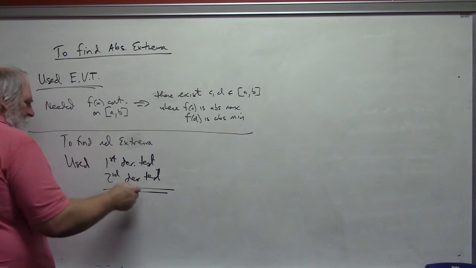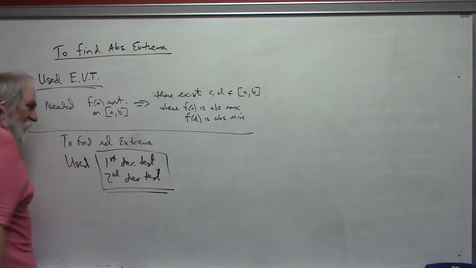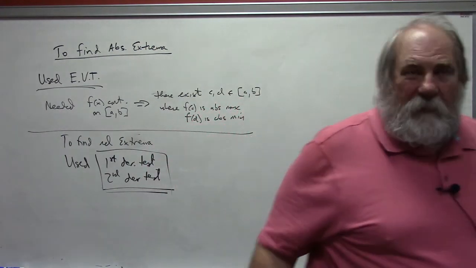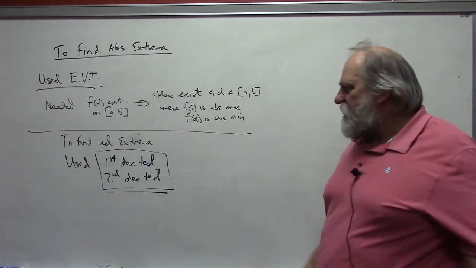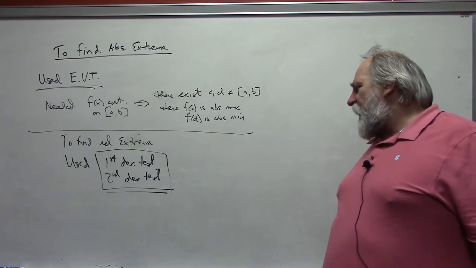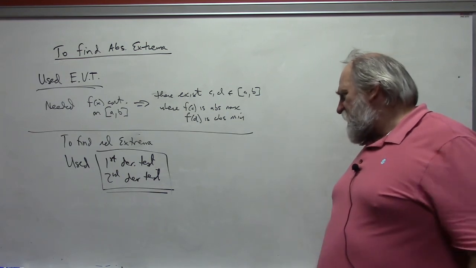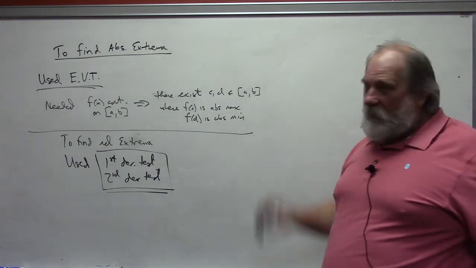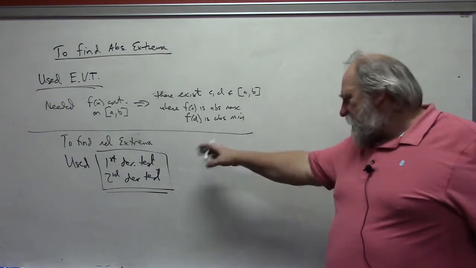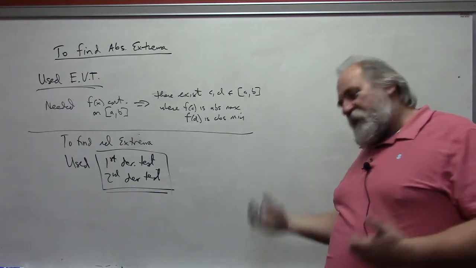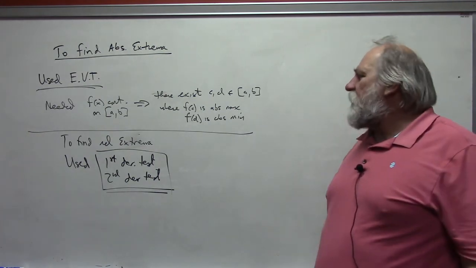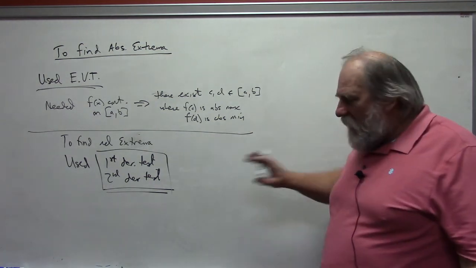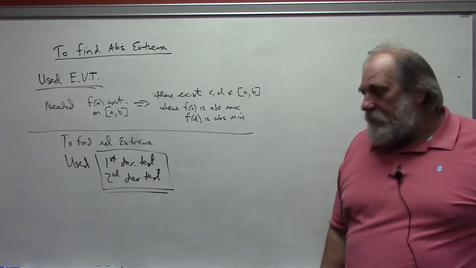Depending on the circumstances, one was usually easier than the other. In some respects, it's easier to find relative extrema than absolute extrema. You take the derivative, set it equal to 0, find your critical values, etc. These are the methods that we use to find relative extrema.